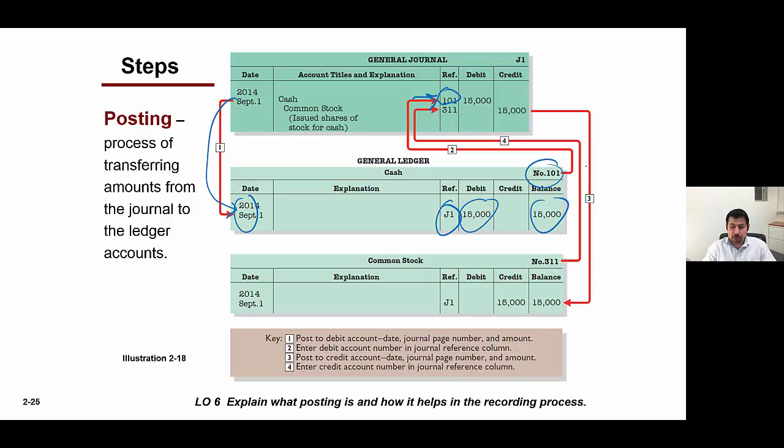Again we put the date, the amount under the credit column, the balance, and the journal reference, and then the last step would be to take the credited account number and put it under the reference column in the journal. Now most of the time the explanations are not used in the ledger, as they can be easily traced back to the journal entry, so there is no need for redundancy.